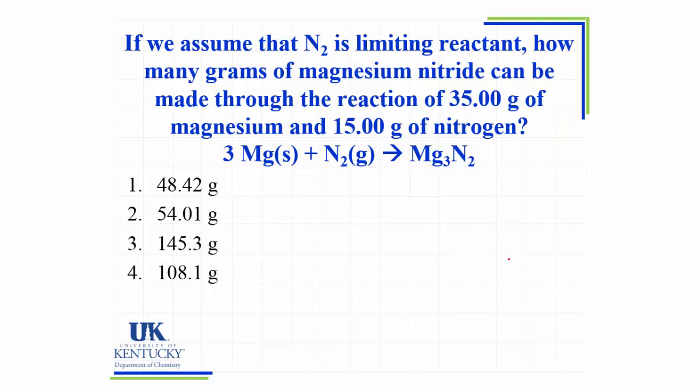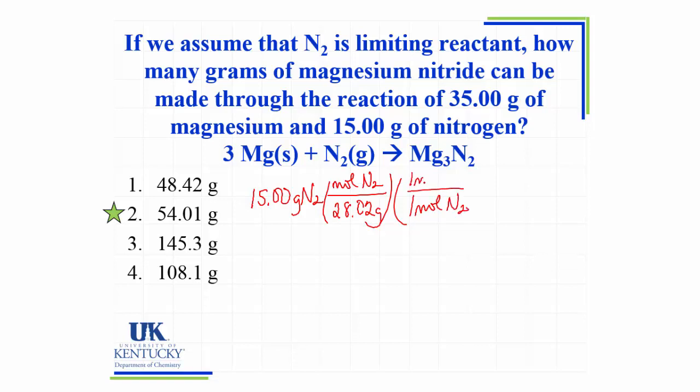Now we need to assume that nitrogen is the limiting reactant and determine how many grams of magnesium nitride can be made if the nitrogen is limiting. We take the same approach as we did before. We know we have 15 grams of nitrogen. We use our molar mass of nitrogen, 28.02 grams per mole of N2. Then we use our mole ratio from our balanced equation, which is 1 mole of N2 for every 1 mole of magnesium nitride.